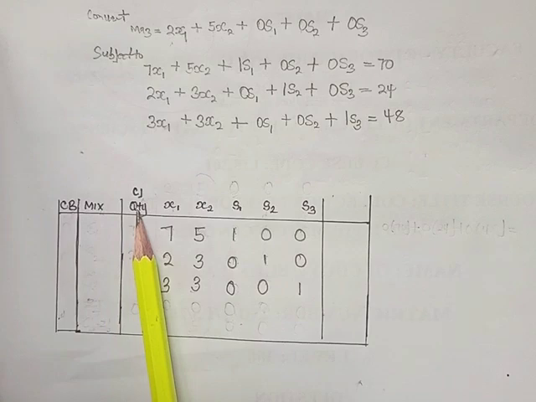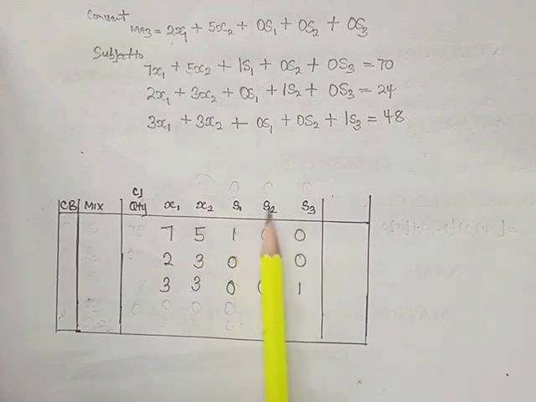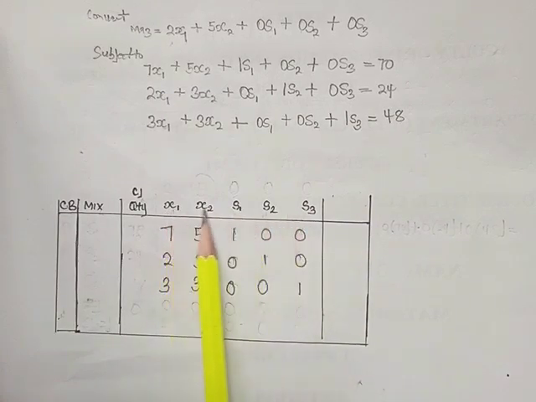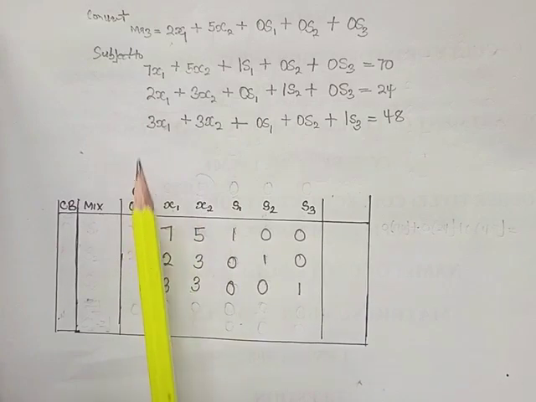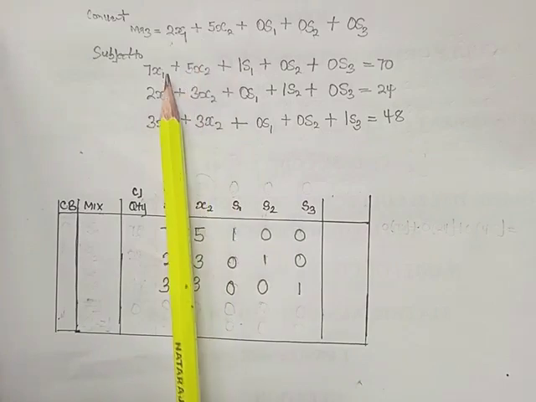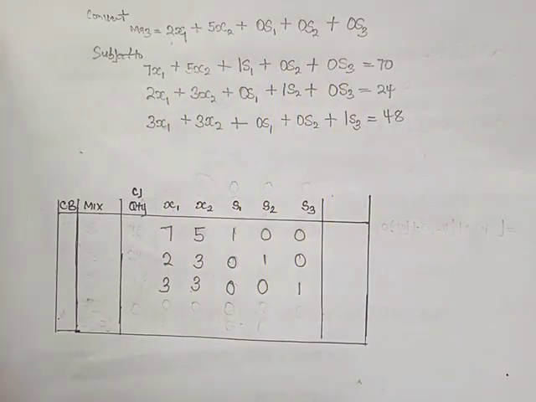The quantities are 70, 24, and 48. x1 and x2 are the real variables. S1, S2, S3 are the slack variables. They are variables that were introduced. So the Zj is the value of the objective function. And for x1 is 2, for x2 is 5, and so on and so forth.